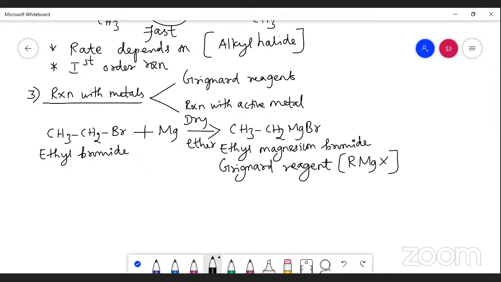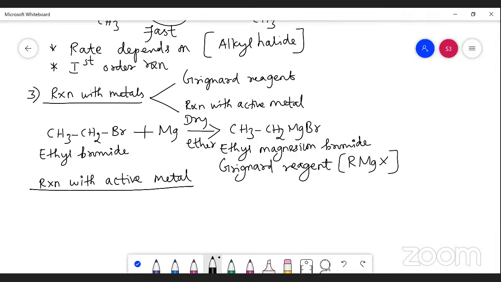Okay. Next, reaction with the active metal. Active metal means there are two metals I can take.